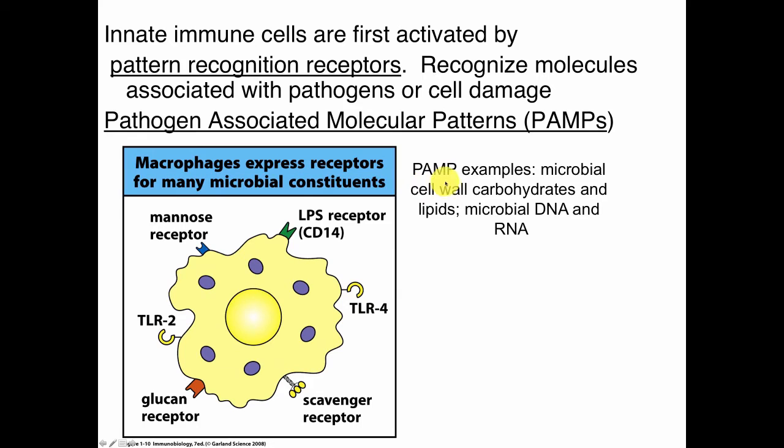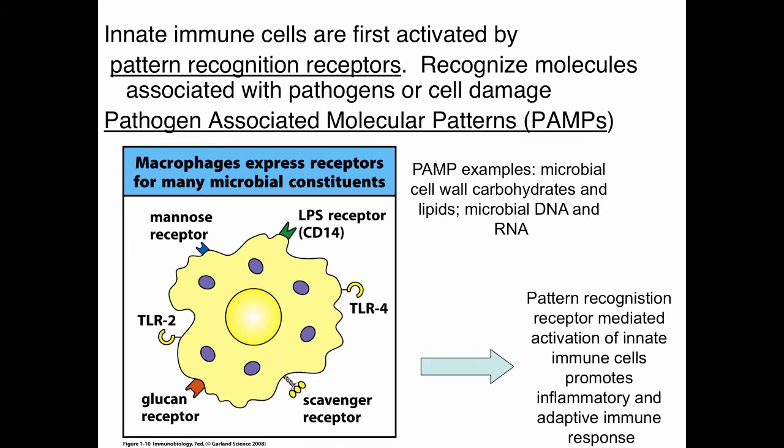And so some examples of pathogen-associated molecular patterns would be microbial cell wall constituents like carbohydrates and lipids, and even microbial DNA and RNA are all recognized by some of these pattern recognition receptors. And so activation of these pattern recognition receptors is really a critical first step in activating these innate immune cells and initiating the innate inflammatory response.